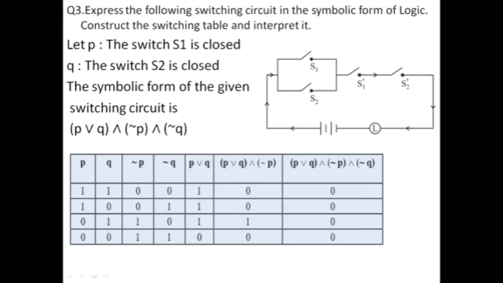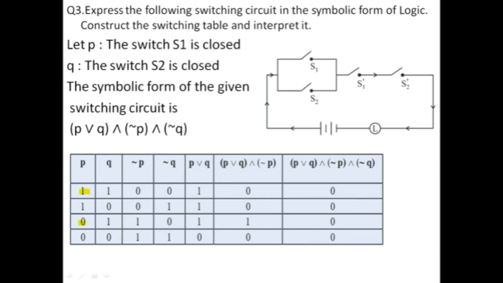This is the switching table here. P, Q, negation of P, negation of Q, P or Q. Then we have used these both, and after that we have used the full circuit. Here 1 means the switch is closed and 0 means the switch is open.